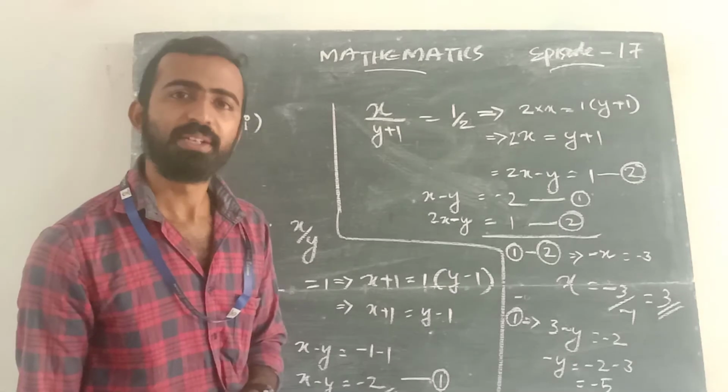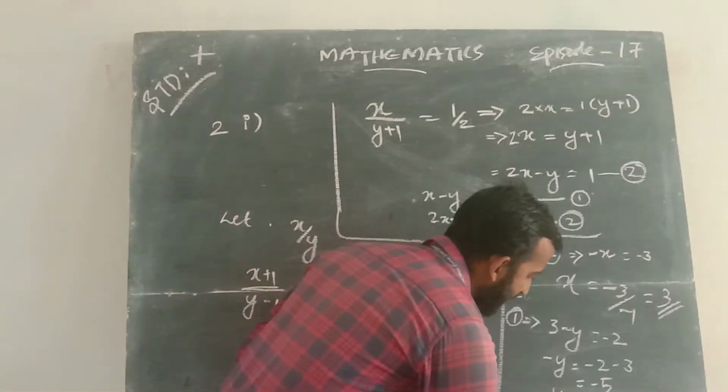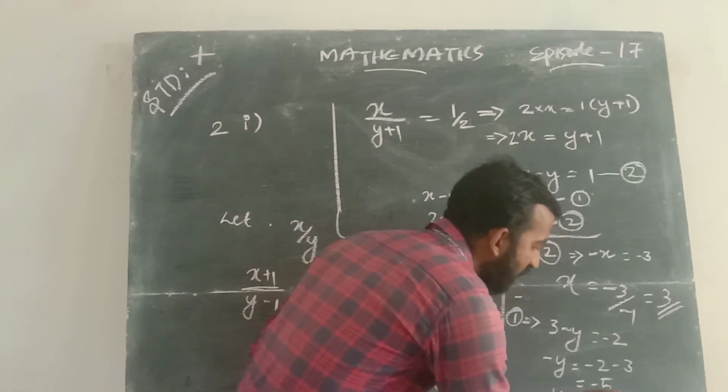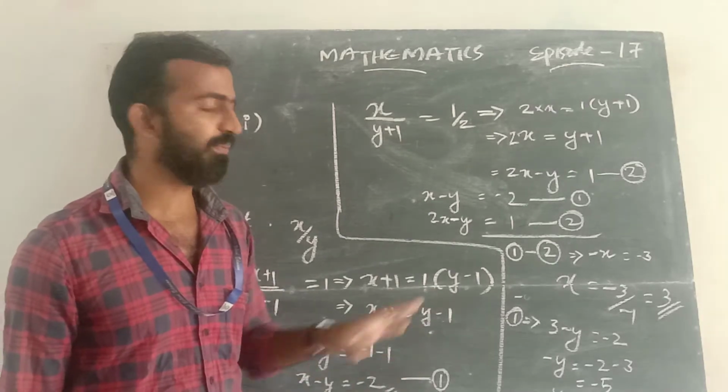That is, y equal to 5. That means the value of x is 3 and y is 5.